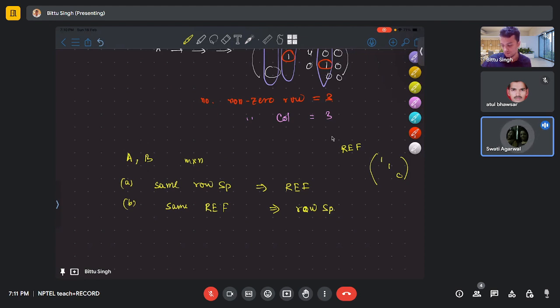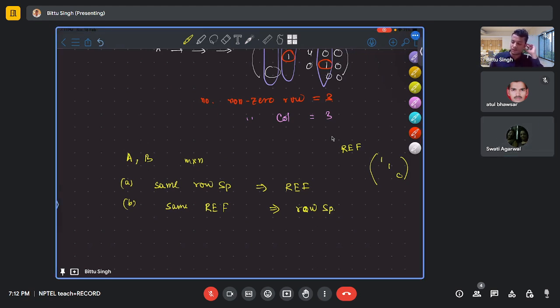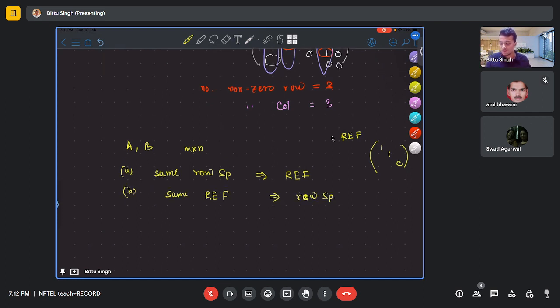But the second one says A and B have the same RREF, then they have the same row space. This may not be true, because identity... Row space does not mean those rows, not the first row, second row, and third row.